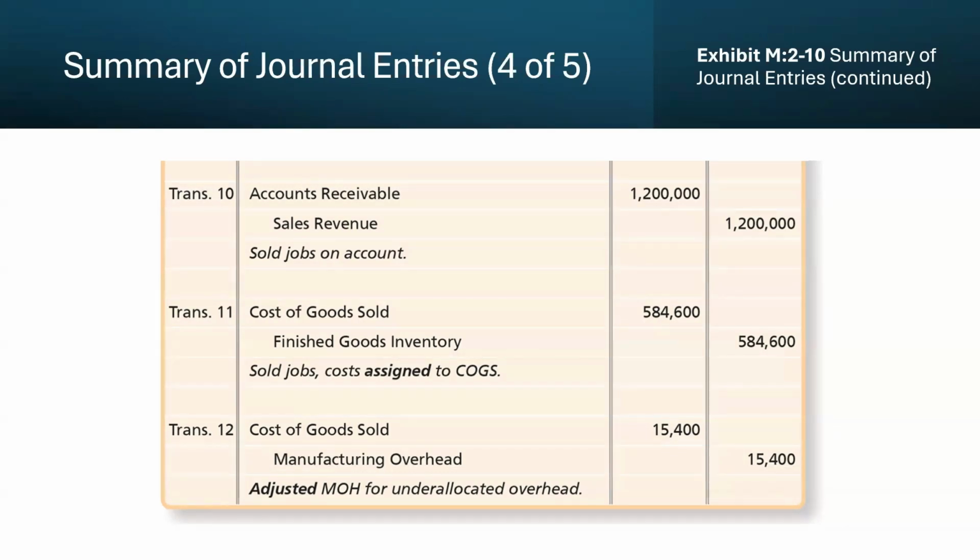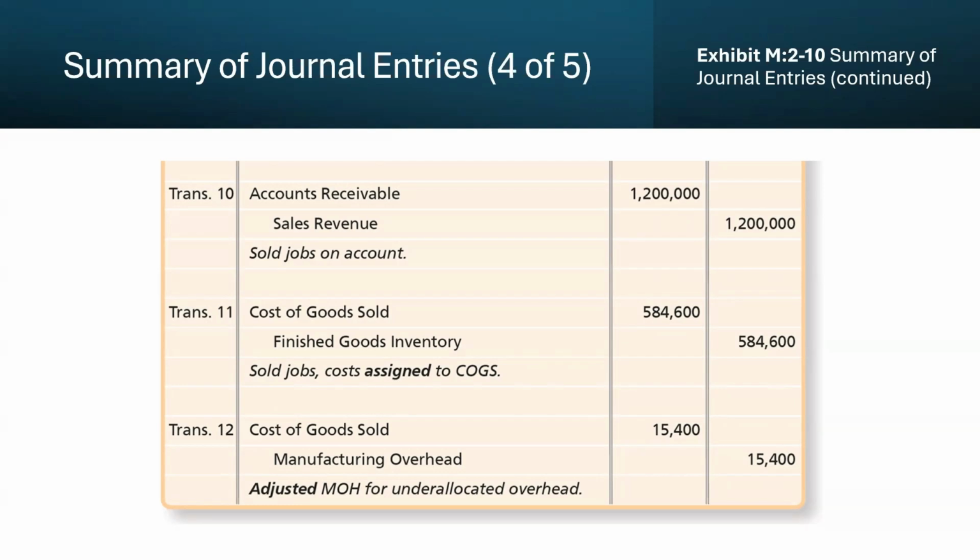Transaction number 10, you have accounts receivable debited for the $1.2 million and sales revenue credited for the $1.2 million. That's sold jobs on account. Transaction number 11, you have cost of goods sold debited for $584,600, and then you have finished goods inventory credited for that same amount.